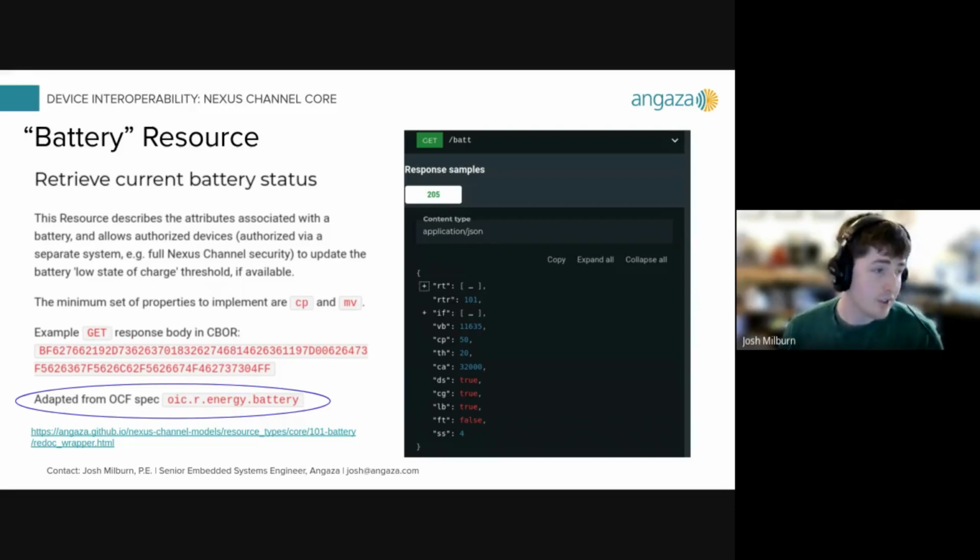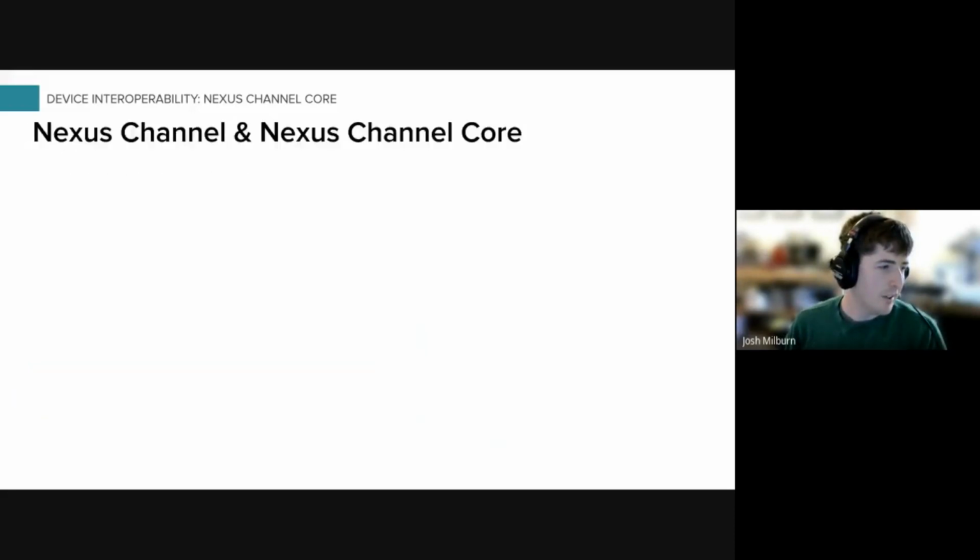In this case, you can actually set something related to the low battery state of charge, if you're authorized as well, by posting back to it. So even though under the hood there are no web servers, there's no HTTP running on these devices, from an application developer's perspective, it looks like that's what's happening. It makes it easy for application developers without violating those low-cost hardware and software constraints on the device.